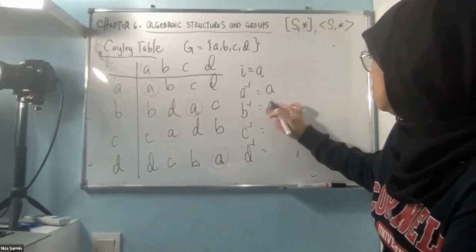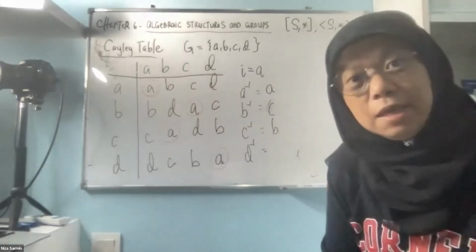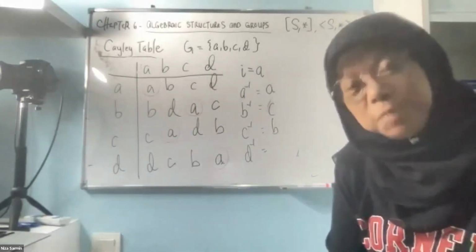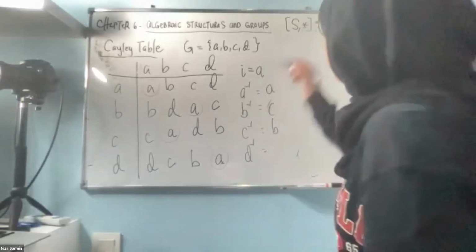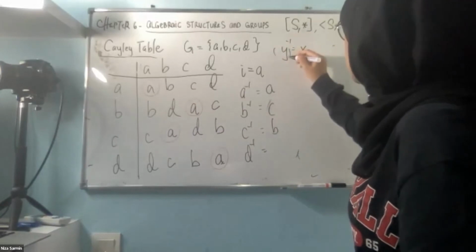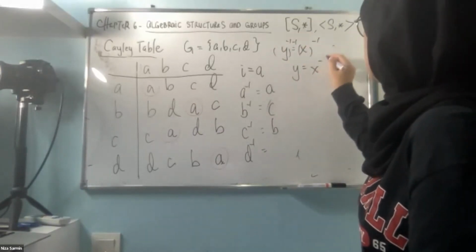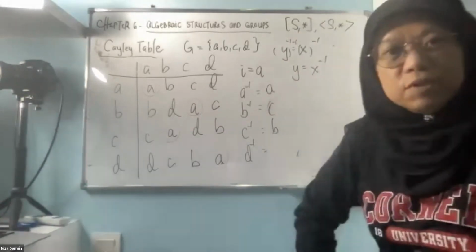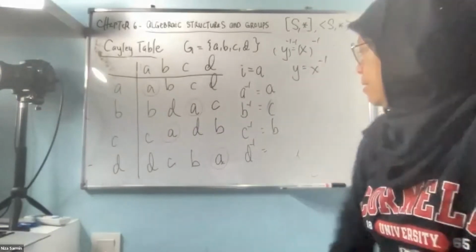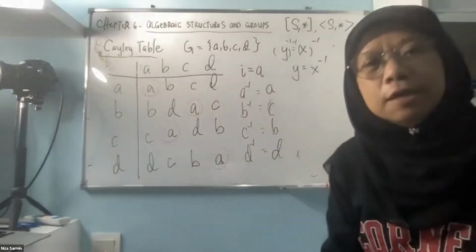So if B is the inverse of C, then C is also the inverse of B, right? Because if Y inverse is X, take inverse both sides. Inverse is go back. So if Y is the inverse of X, X is also the inverse of Y. Okay, so D is left, D and D.